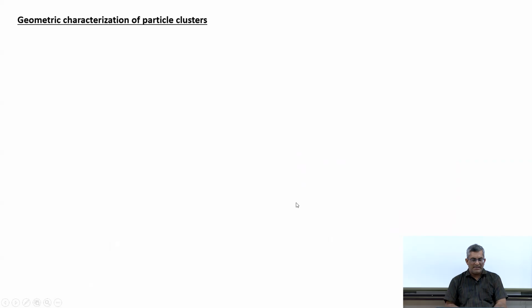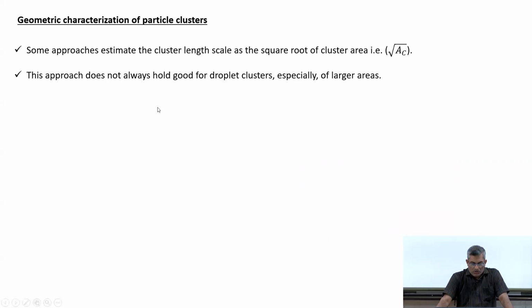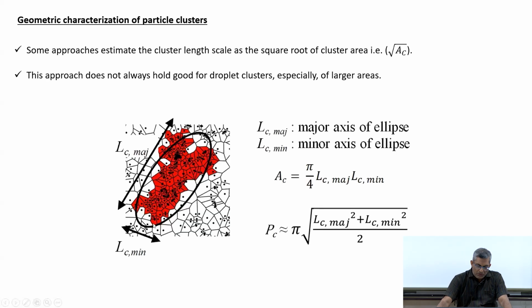Once this is done, the next step is how we characterize the particle clusters. Because this is a 2D image, you can calculate the area of a cluster, and then just take the square root of this area and define a circle equivalent diameter or size.